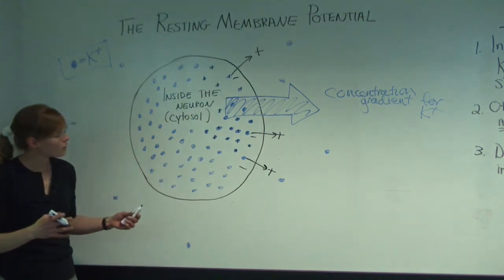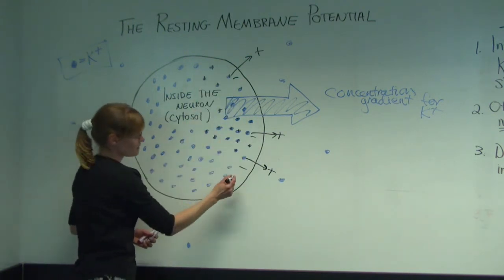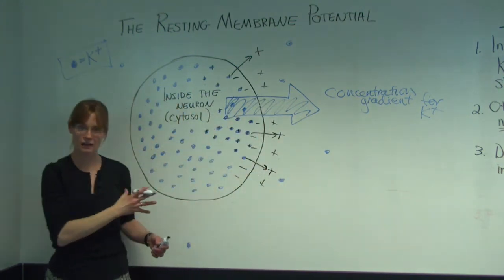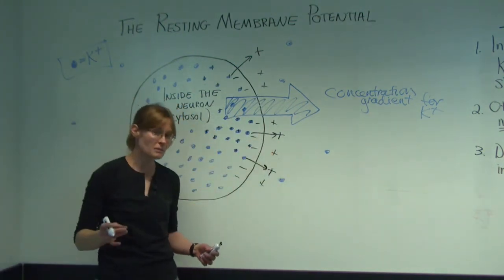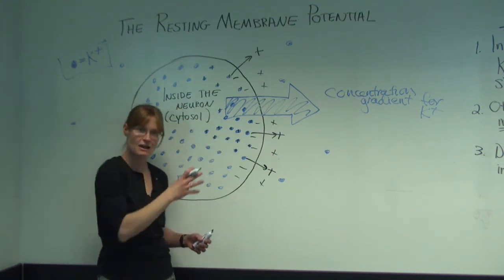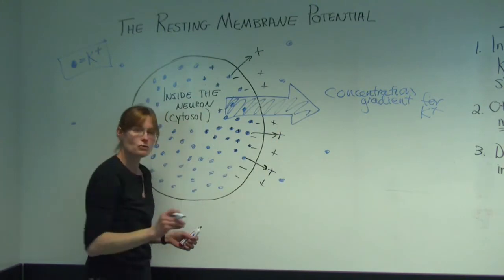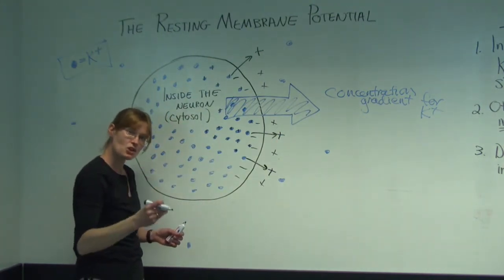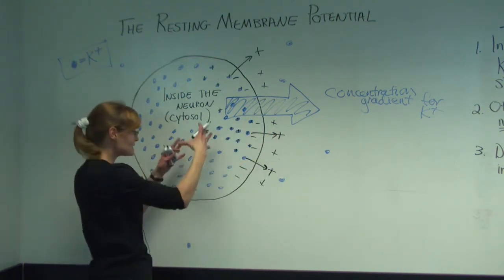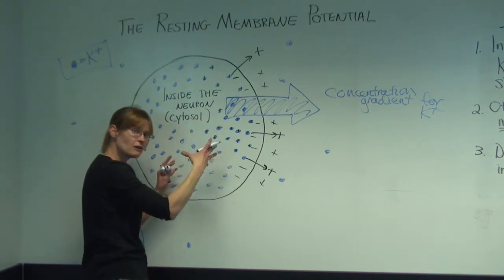Okay. And we know that opposite charges attract, right? So as the inside of this neuron becomes a little bit more negative relative to the outside, the potassium ions are going to become less and less likely to leave because they're going to be more and more attracted to the negative inside of the cell. So what ends up happening is that by diffusing down its own concentration gradient, potassium starts to create an electrical gradient that goes the other direction, tending to hold the potassium inside of that increasingly negative interior of the membrane.